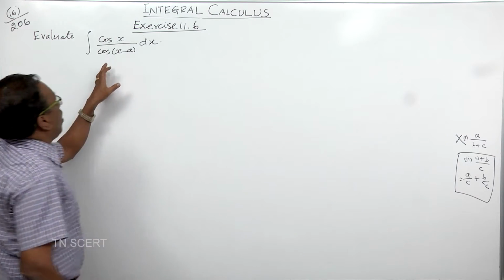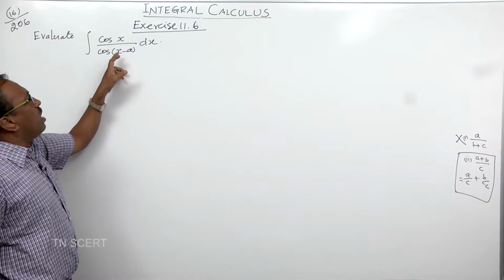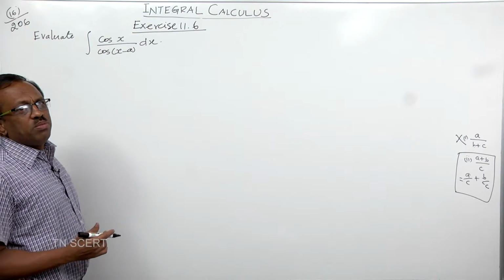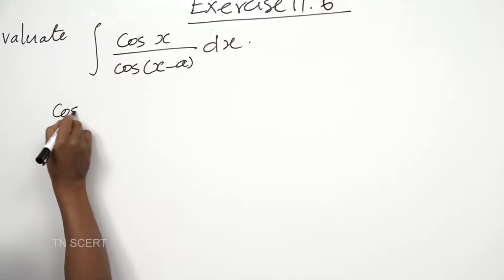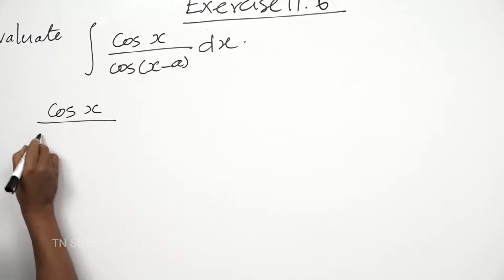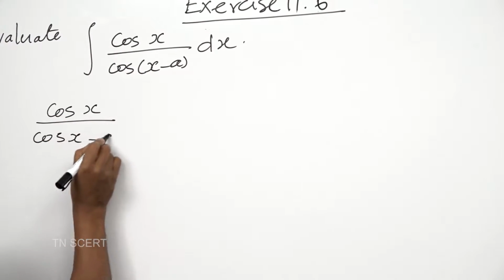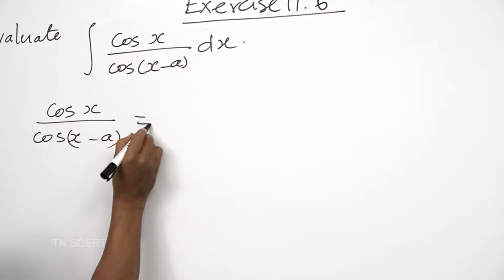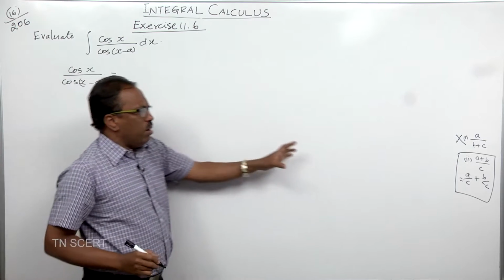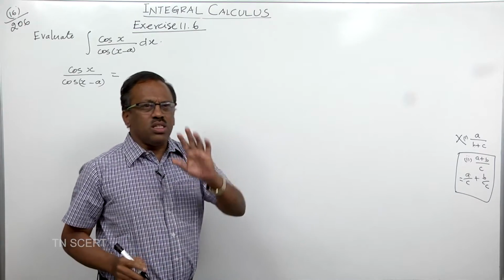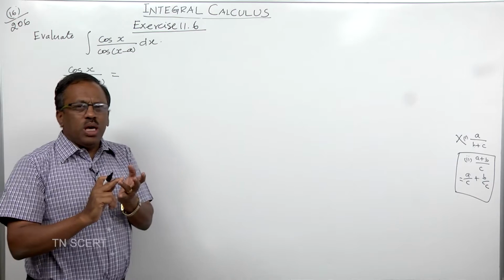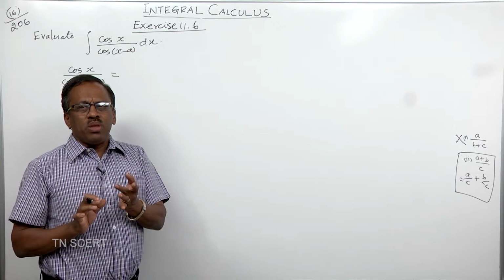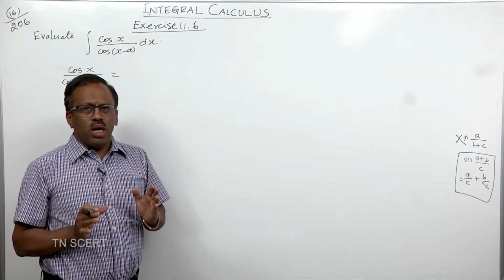So here, cos x by cos of x minus a. I should make it according to the method like this, so that it is easy for you. If I expand this, cos a cos b minus sin a sin b, the cos of a minus b formula.